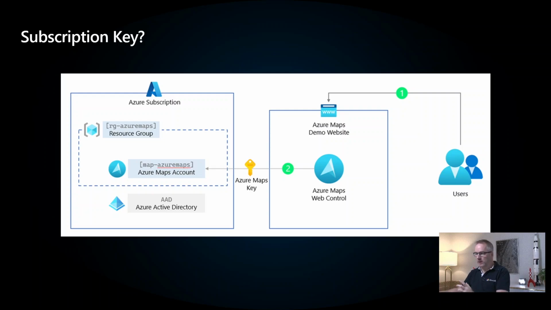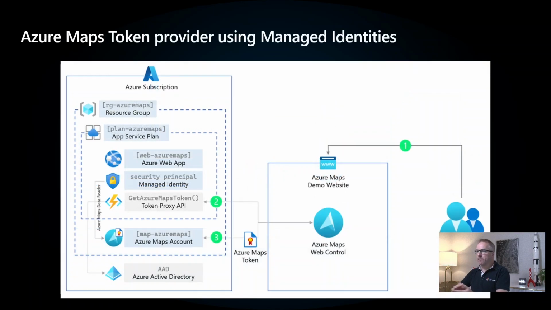Luckily, because we are part of Azure, we have all kinds of additional security and authentication mechanisms that we can use for Azure Maps as well. Here we have an architecture picture showing you how to use managed identities and Azure Maps tokens, which are short-lived tokens that can be used in your Azure Maps web control.